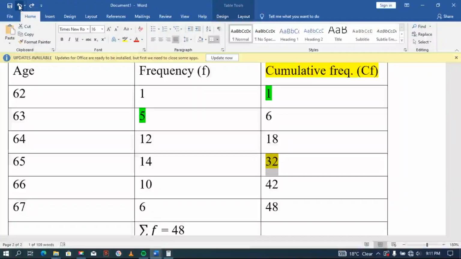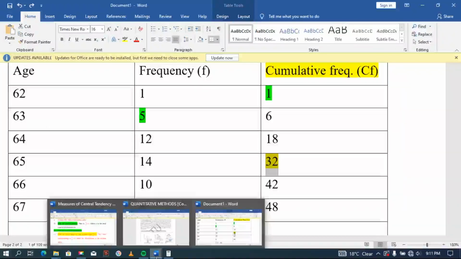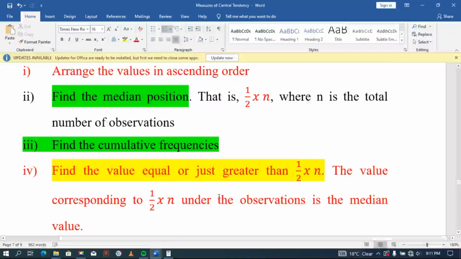So the first priority is you consider a value equal to what you're looking for, a half of n.